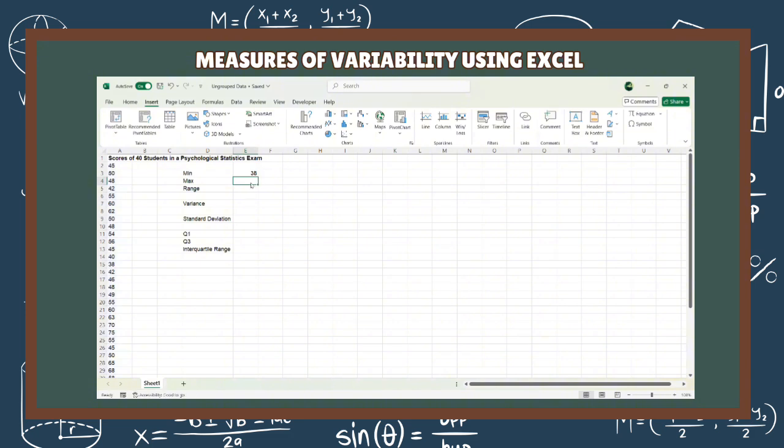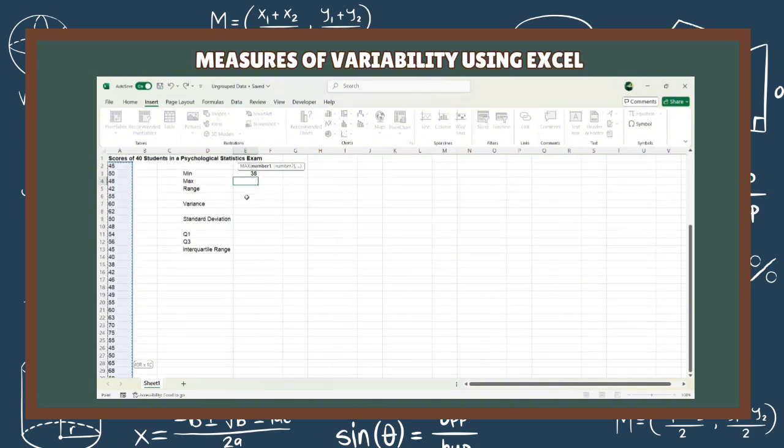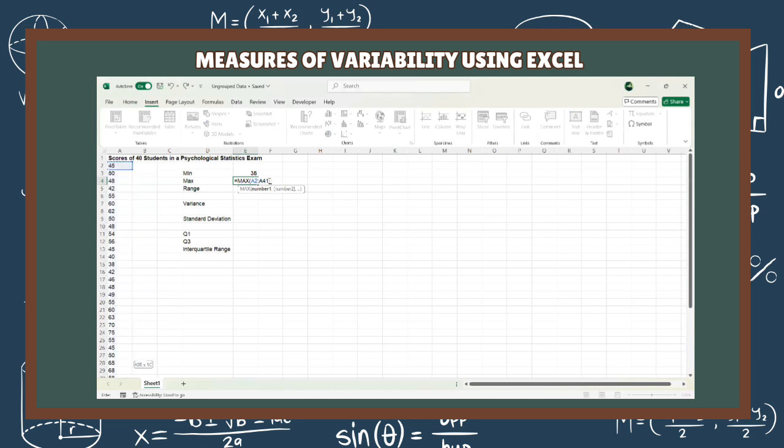For the maximum, type equals max, highlight the data, press enter. For the range, subtract the minimum value from the maximum value to get the range. So equals max minus the minimum and then press enter.